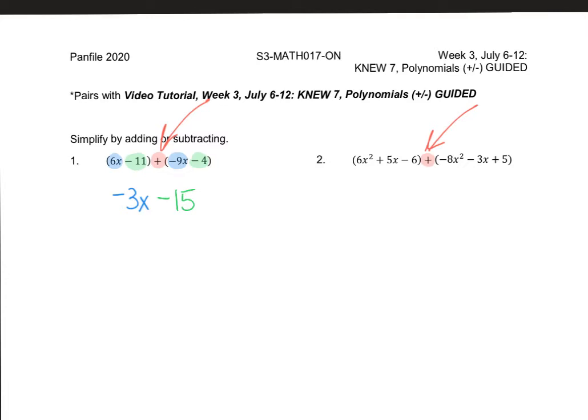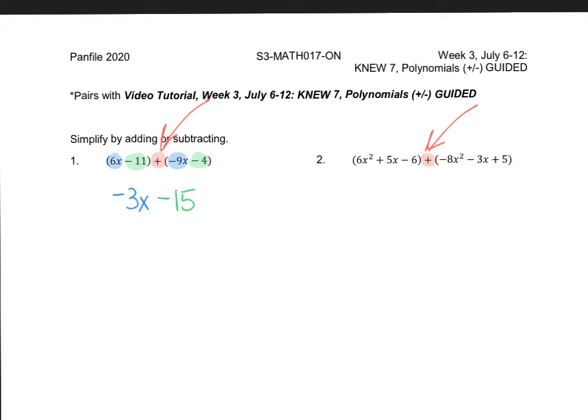So when I combine these polynomials, I don't get caught up in the addition and the subtraction part of this. I'm more thinking I'm combining, right? Because at the end of the day, more than the plus or the minus in between the parentheses, the signs in the parentheses matter more.